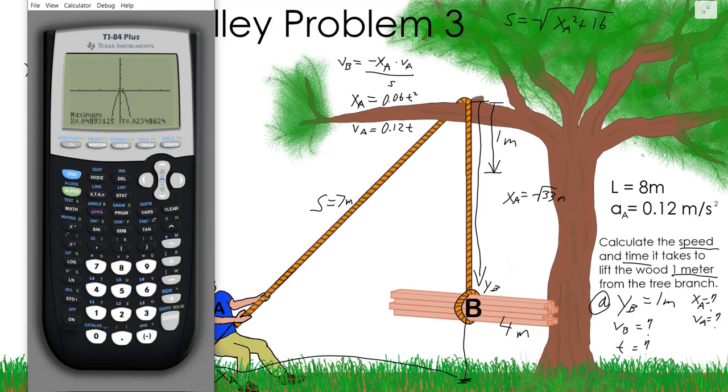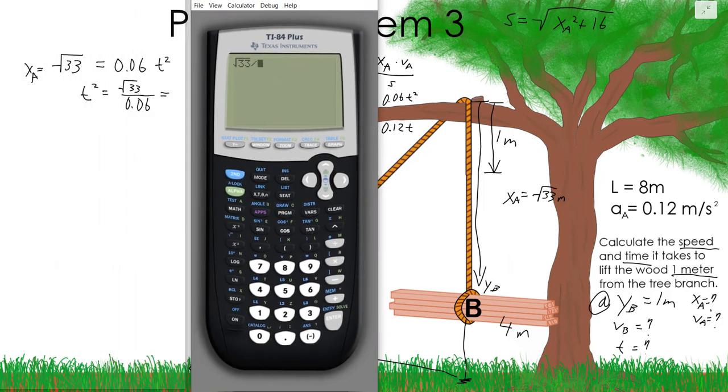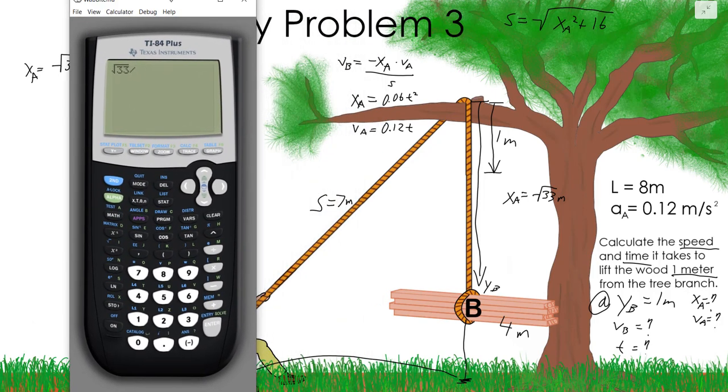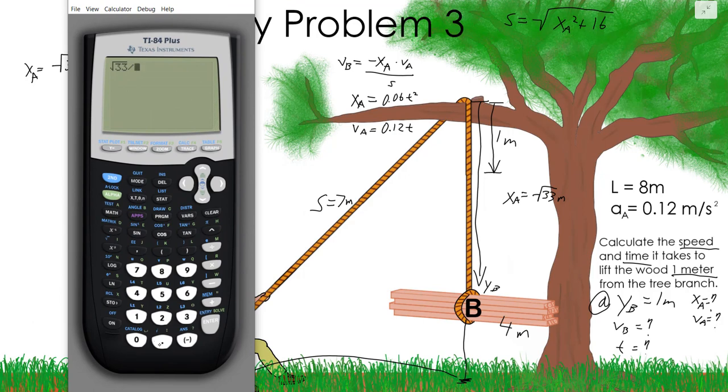So we're going to have the square root of 33, and then that's going to be over 0.06. We have to take the square root of all that in the end.